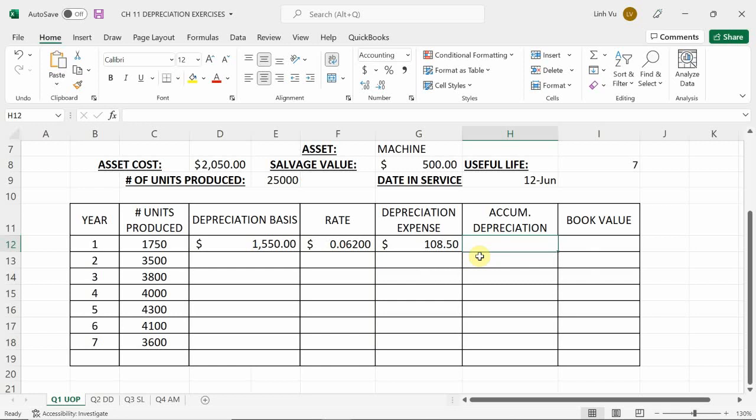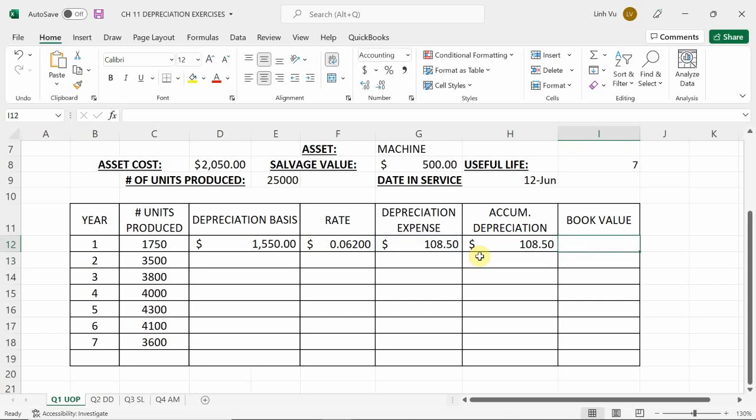Did you even have any accumulated depreciation for the previous year? Because there's no previous year, it's 0 plus the current, which is 108.50.